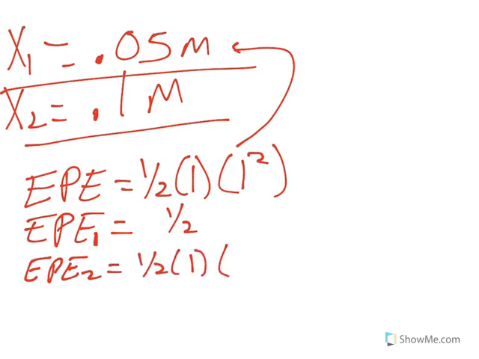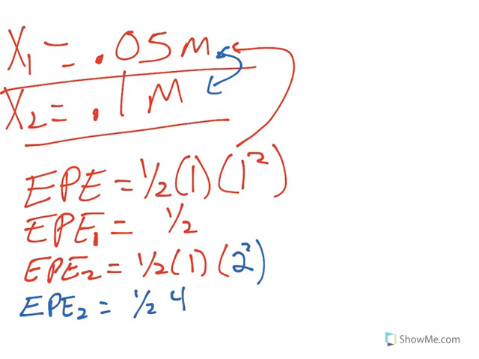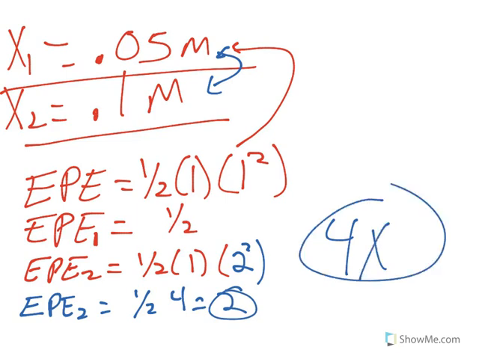Now, you should clearly see 0.1 meters is double 0.05 meters. So instead of 1, I'm going to plug in 2 squared. So I should get EPE2 equals 1/2 times 4, or 2. Well, 2 is 4 times greater than 1/2, so the answer is 4 times greater.